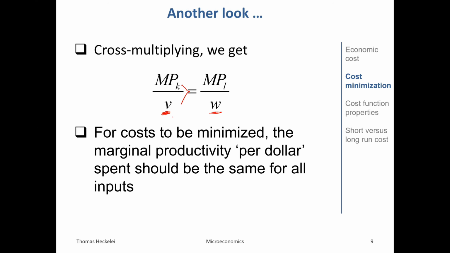So it's not yet the optimum point to choose. And the same also holds if the other possibility occurs, where the marginal productivity of labor per dollar is larger than that of capital. So you could still adjust, and that's not yet the optimum input mix.